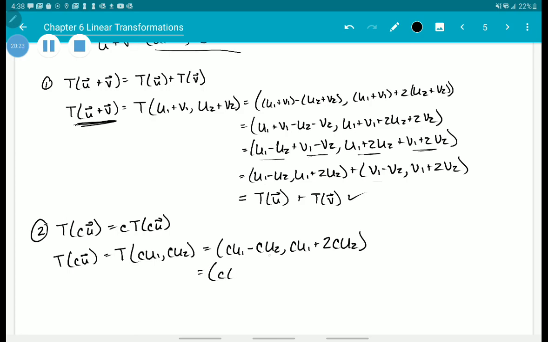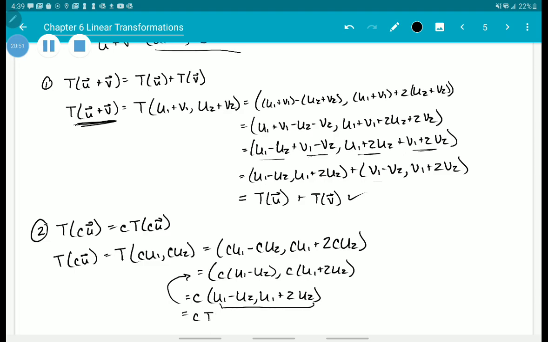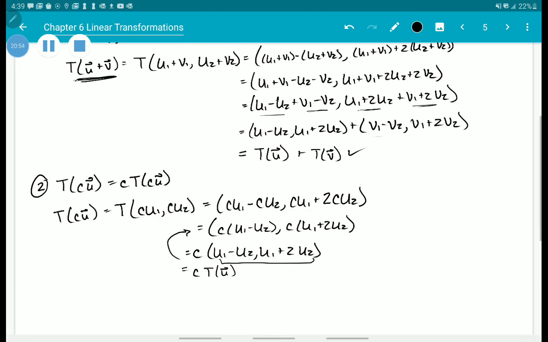So we could factor a c out of those two terms, and factor a c out of those two terms. So then couldn't we pull the c out? And then u1 minus u2 here, u1 plus 2u2. Because that's the same thing as distributing each one in, which would go back there. This guy is our transformation of u. So we have proven that T of cu is equal to c T of u. So we would say, yes, this guy is definitely a linear transformation.